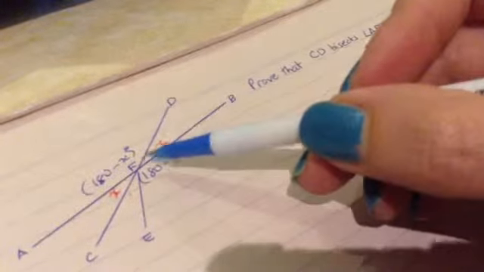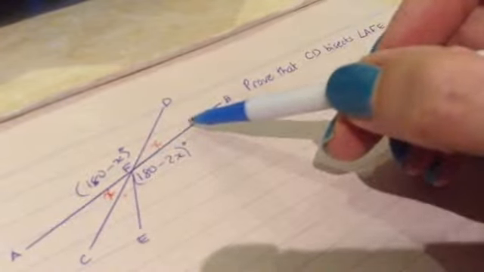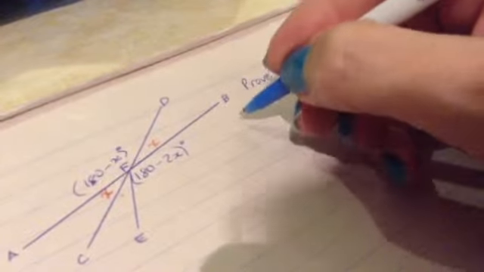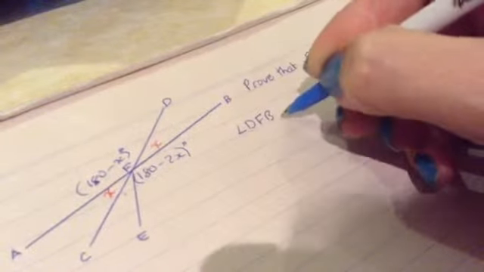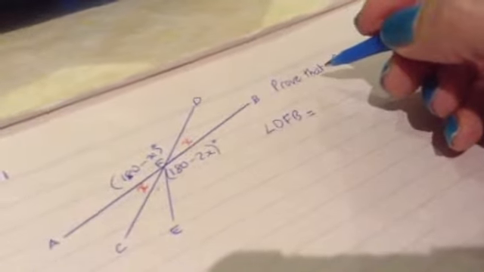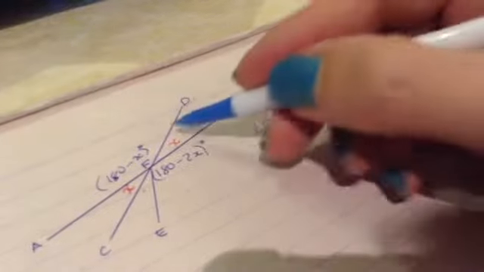So what did we start with? We found this angle here, DFB. So we write angle DFB is equal to, and to find it, you would find it as you normally would if it was numerical.